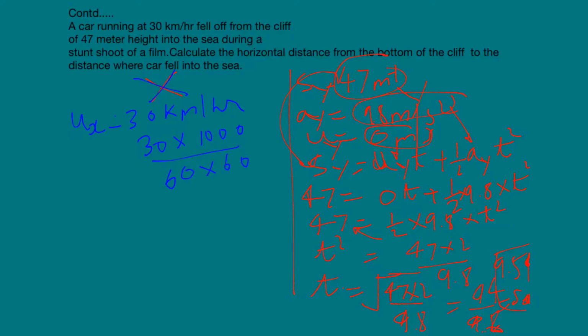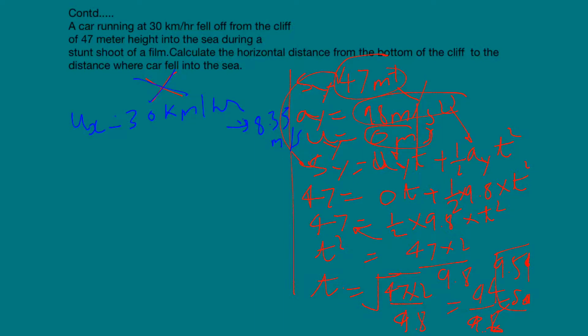So I will solve this on my calculator. So it is coming 8.33 meters per second. So 8.33 meters per second is the initial velocity along the x-axis. So this is the value which we will use now.